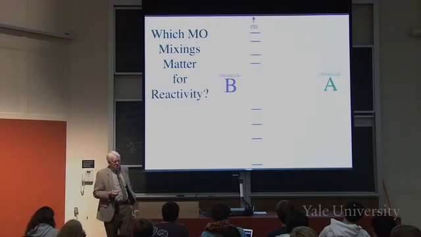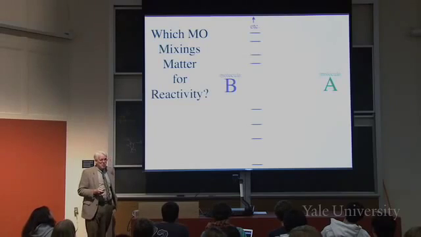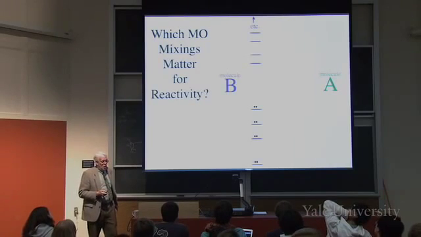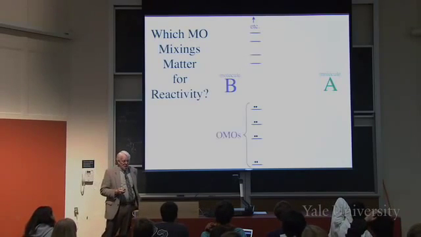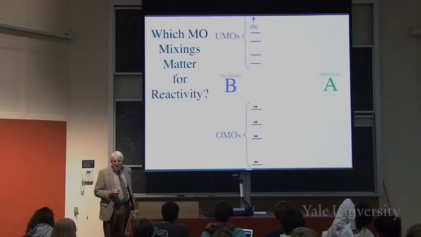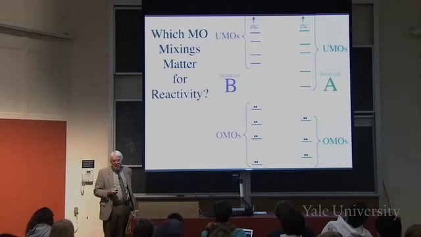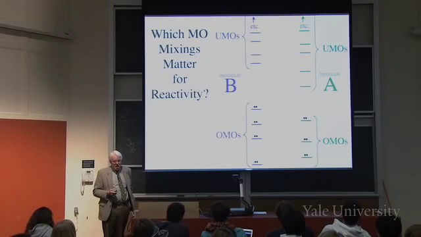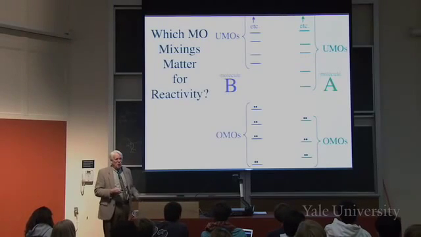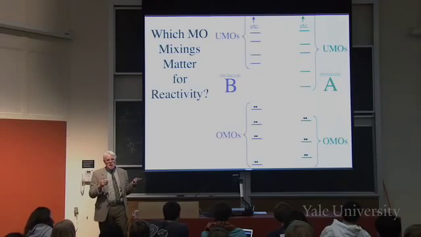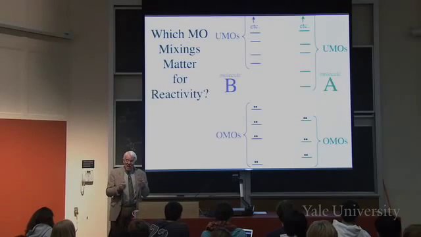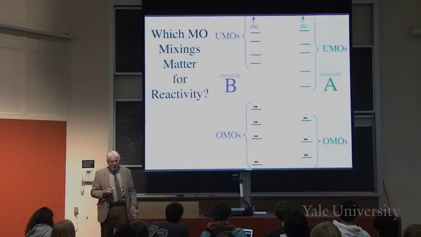I mean, so you have these orbitals on molecule B, say, and those are occupied, and the ones above are vacant, unoccupied. And on molecule A, you have a bunch of occupied and a bunch of unoccupied molecular orbitals. And now we're going to look at orbitals of B mixing with orbitals of A, right? And which ones?